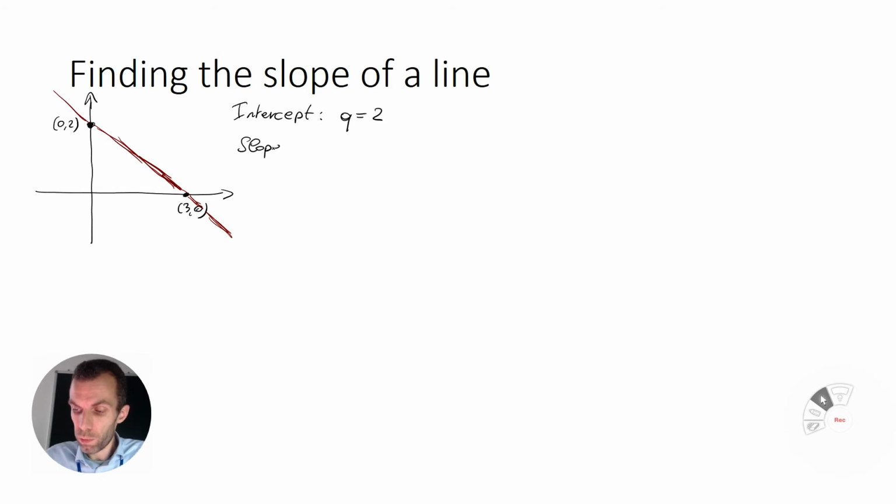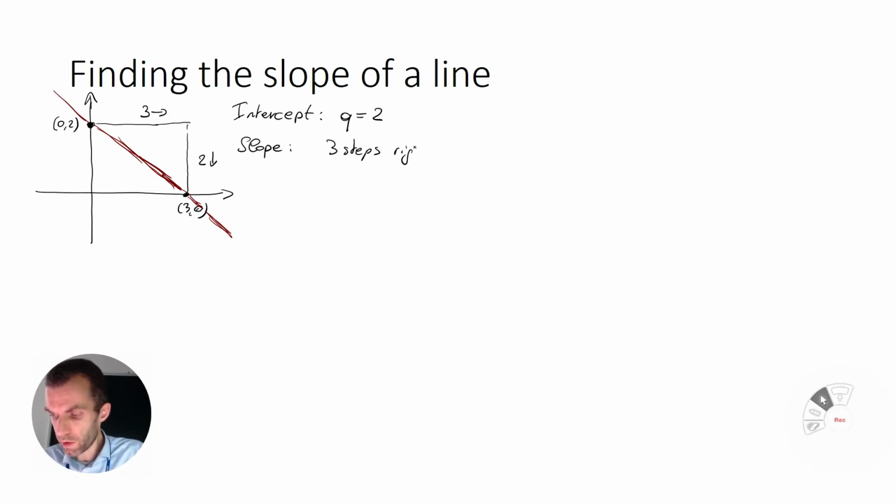For the slope, on the other hand, I know that by looking at my figure, if I take 3 steps to the right, I'm going to have to take 2 steps down. So 3 steps to the right means 2 steps down. Let me write that down a bit more formally. So 3 steps right means 2 steps down.